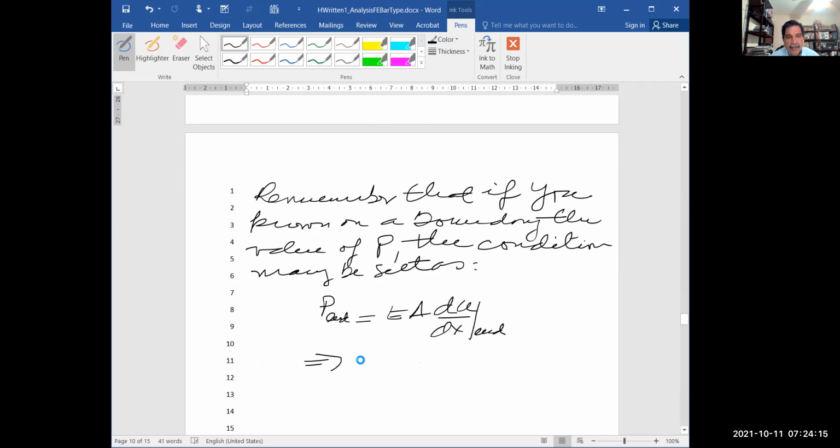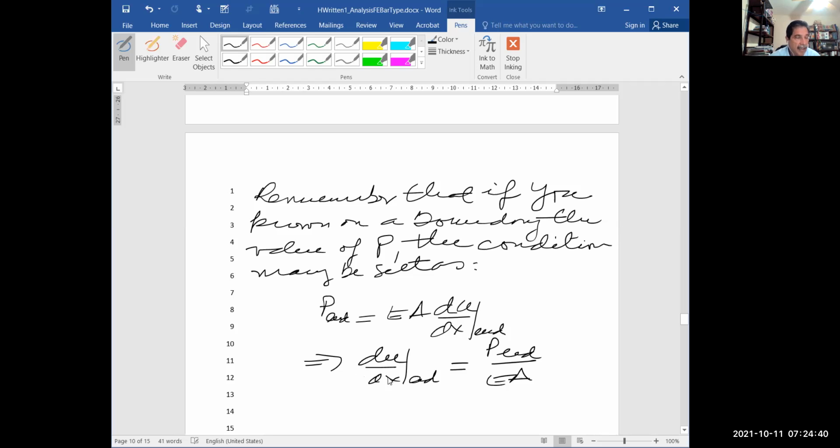So we can set that the derivative at the end has to be equal to P divided by EA. So if you know the value of P, you know EA, those are data, classical data, you can specify the derivative in this point as a boundary condition.